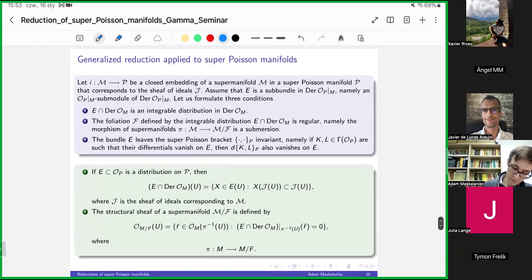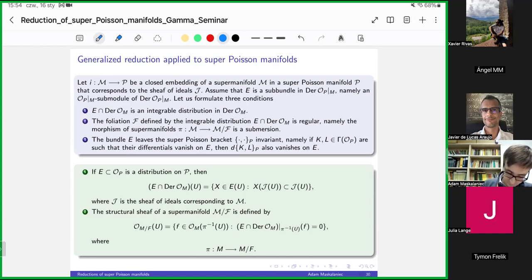So at first, we assume that E intersected with the derivations of O_M is an integrable distribution in O_M. And exactly here, we need this algebraic approach to define this intersection. Because the intersection of E with derivations of O_M consists of exactly those derivations of O_P that preserve the vanishing ideal of our supermanifold M. So just to define the intersection, we really need to take this algebraic point of view.